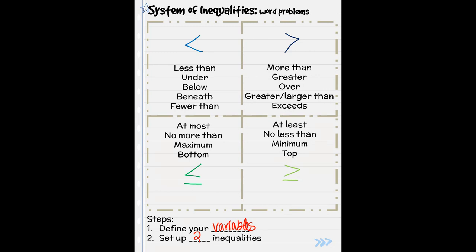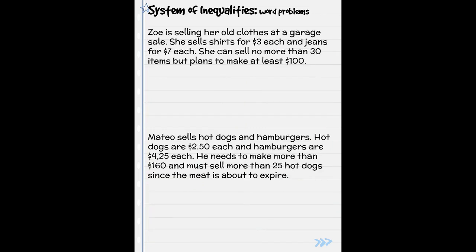Let's look at an example. Zoe is selling her old clothes at a garage sale. She sells shirts for $3 each and jeans for $7 each.